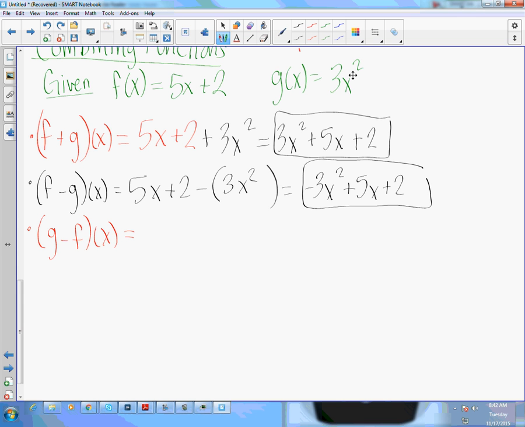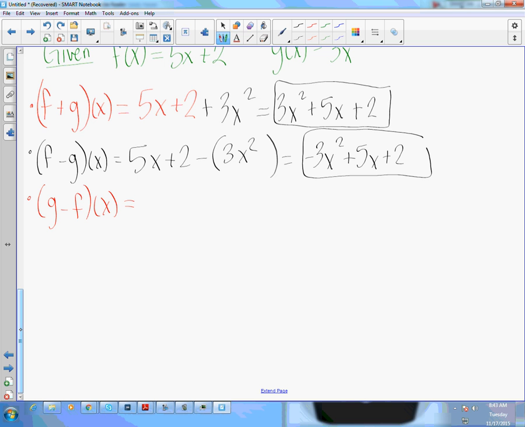Good, that's right. Parentheses, good job. You're going to subtract everything, which means that 5x is actually going to be minus 5x, and 2 is actually going to be minus 2. So we have our answer, 3x squared minus 5x minus 2. So we make sure we subtract both terms.